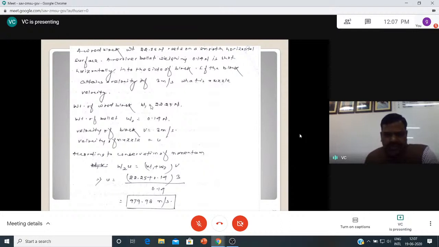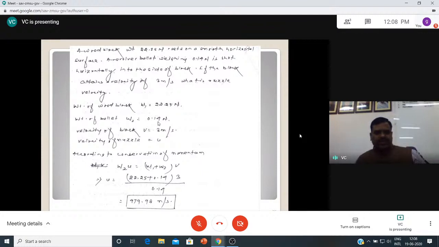Okay. The given data is the weight of the wooden block, the weight of the bullet, and the velocity of the bullet. Initially the block is at rest, and after hitting, both are moving together with combined weight W1 plus W2 and a common velocity. The wooden block W1 is initially at rest, so its initial velocity is 0 and its momentum is 0.